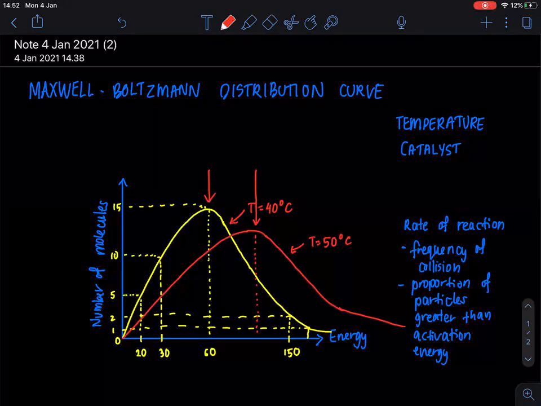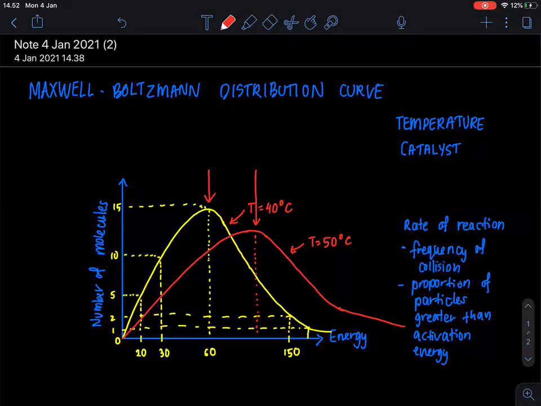So in order to match up to that, when you are trying to increase the energy level, the peak is going to be shorter, and it's going to be skewed to the right.